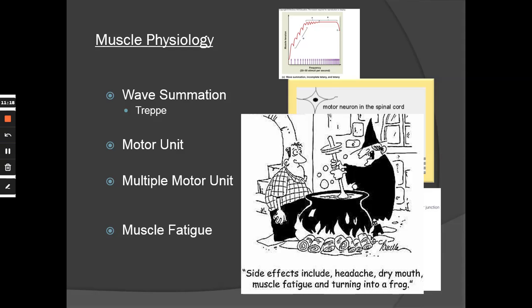So if we don't have that calcium, if something's going on and that calcium can't be released, then you're not going to have that either, right? So those are the two reasons why true muscle fatigue can occur.